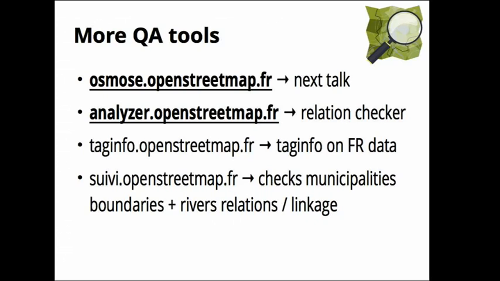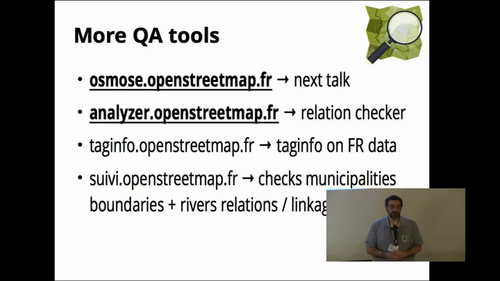Analyzer is one more tool to check relations. The coverage is the planet. So you can quickly check the validity of a relation, checking that a boundary is closing correctly or things like that. We have our own instance of Taginfo.